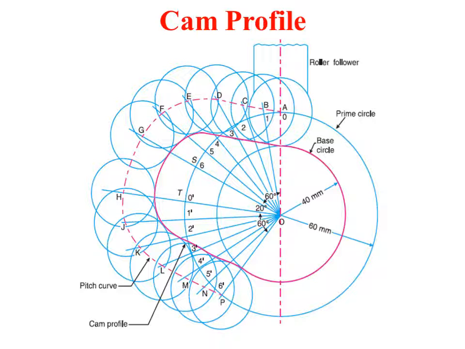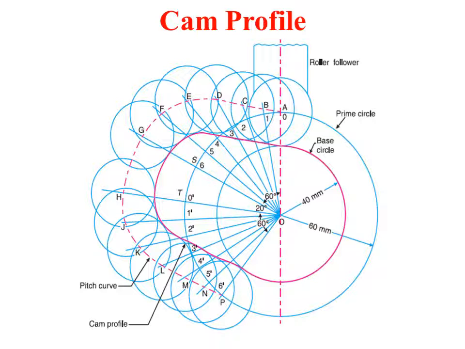So once that has been done, divide the prime circle into outstroke, dwell, and return stroke as mentioned. So it is 60 degree, 20 degree, and 60 degree. Again, divide the outstroke, that is 60 degree, and the return stroke, that is 60 degree, into an equal number of parts, same as that of the displacement diagram, that is 6.